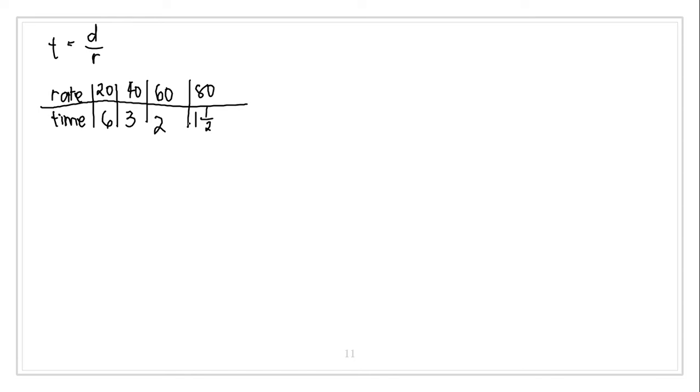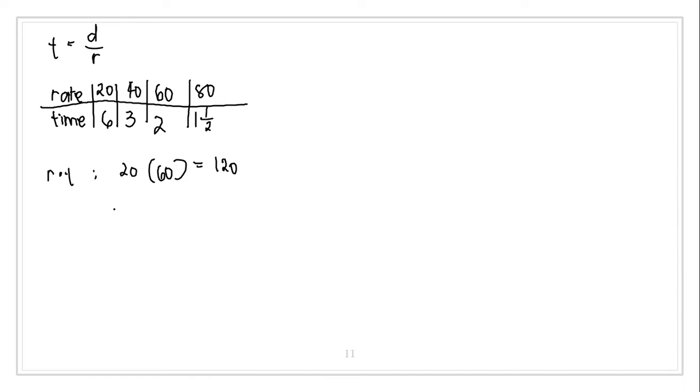So how am I able to get these is you have to substitute into the given formula, T is equal to D over R. Okay, so let us find the product of the rate and the time. So rate times time. First, 20 times 6, that would be equal to 120.